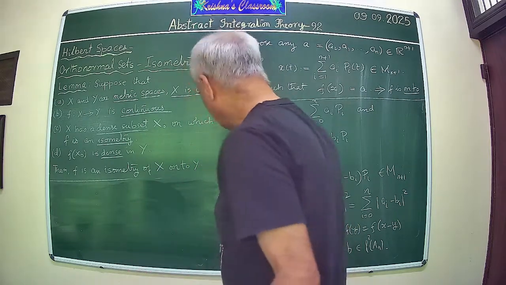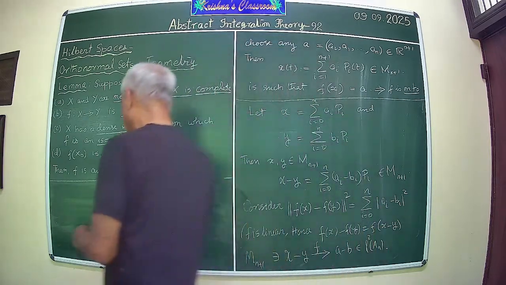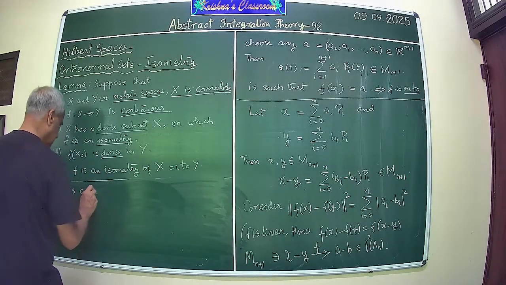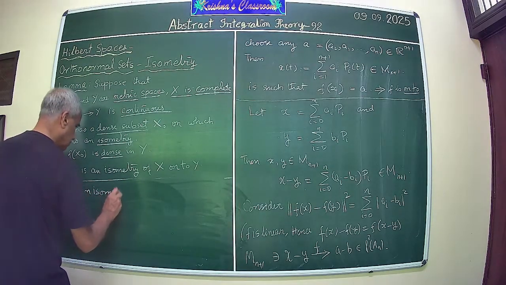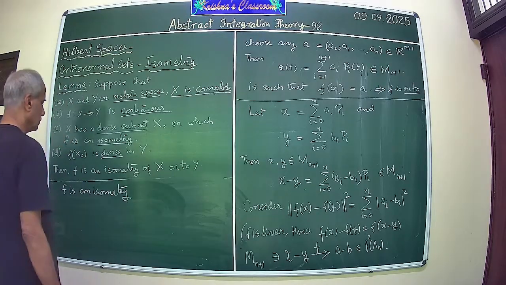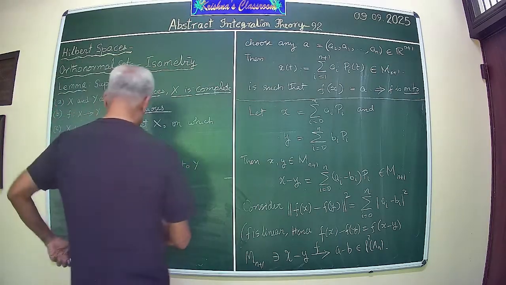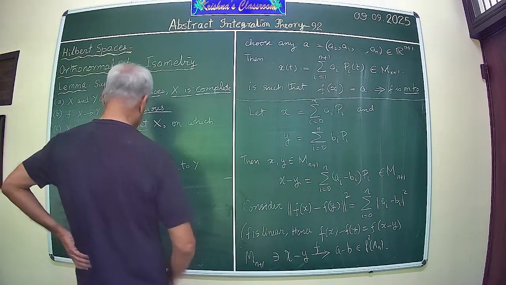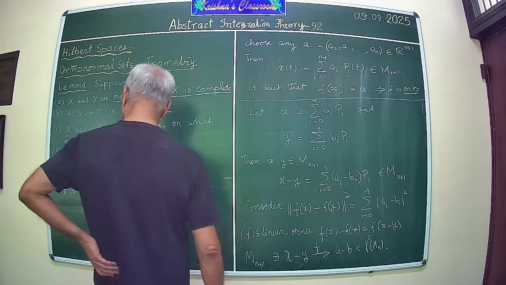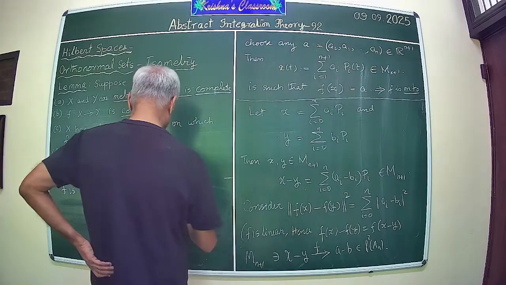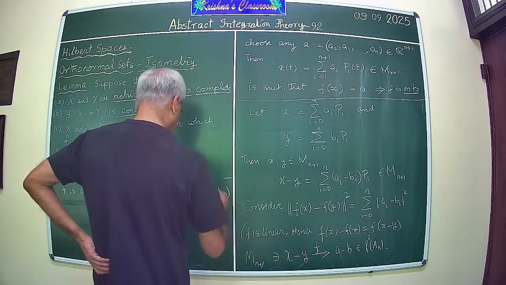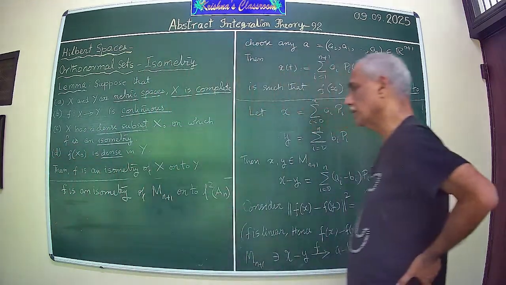Now, one of the consequences of this is that F is an isometry of M_(n+1), this is a result that you can get.